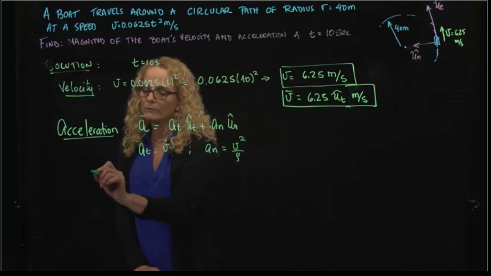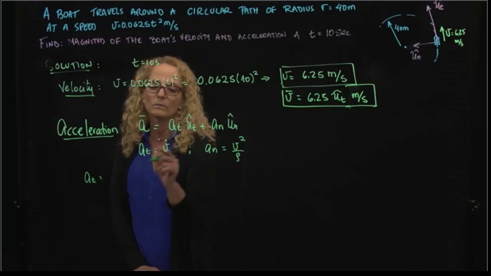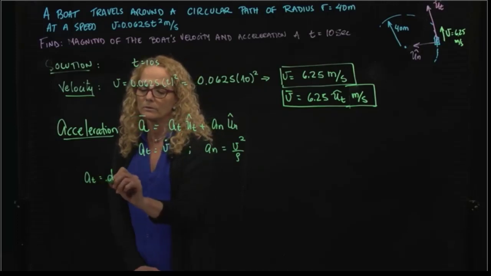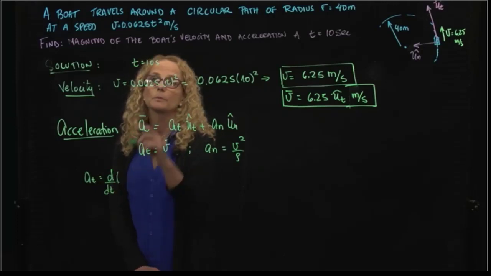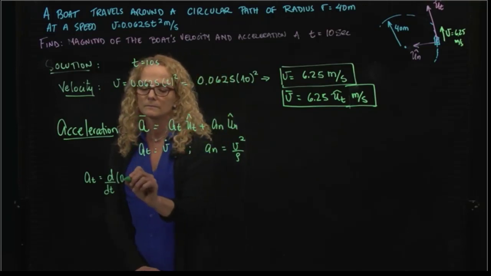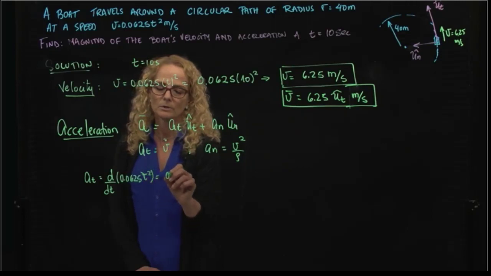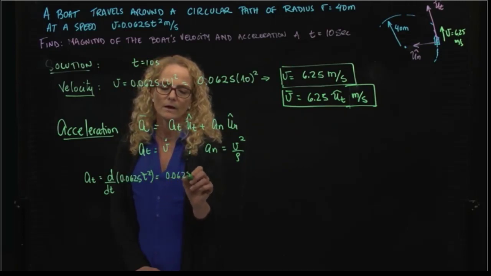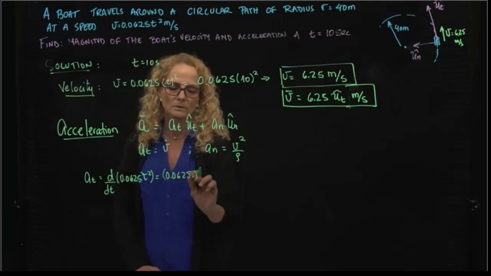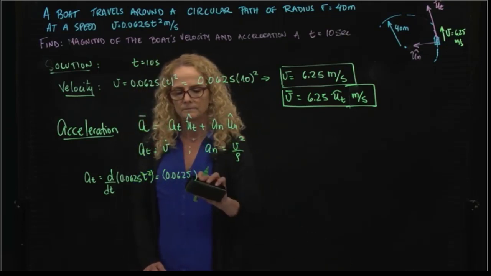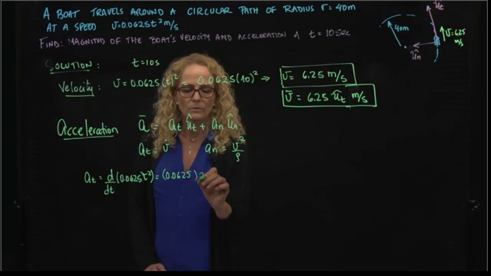If we want to find the tangent component, we have to differentiate with respect to time the expression that we were given, which will be 0.0625 times 2t.